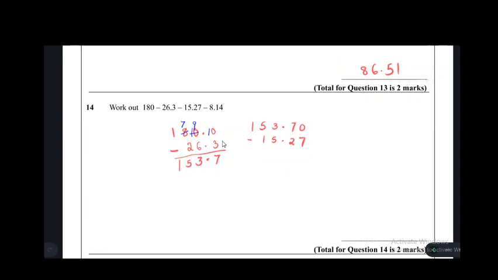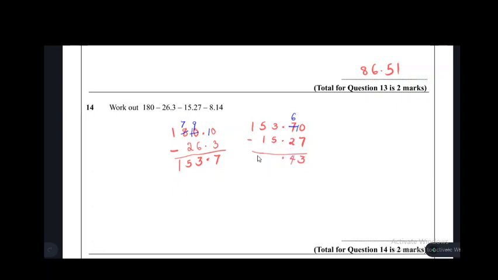Okay, so you guys, I recommend that you use rulers when you're writing, because I'm just writing some funny lines right here. Okay, so 0 take away 7 is not possible, so I'm gonna have to borrow from the previous number. Then I get 10 here, and then I remain with 6. 10 take away 7 is 3. 6 take away 2 is 4.